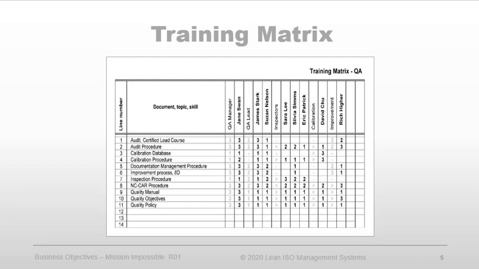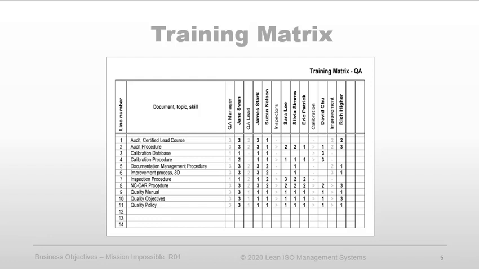For example, the matrix shows that a quality manager should have trainer-level expertise as an internal lead auditor. The matrix shows that Jane Swanson, the quality manager, has completed her training for that level. We do not need lots of instructions here.